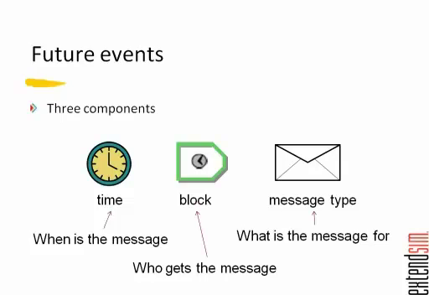And what is the message for? So in our activity example, we would have the time that the item is due to complete in the activity. The block would be a particular activity block number. And the message would be the completion of the duration of an item in the activity. Now, some blocks have one event, and some blocks can have multiple events.